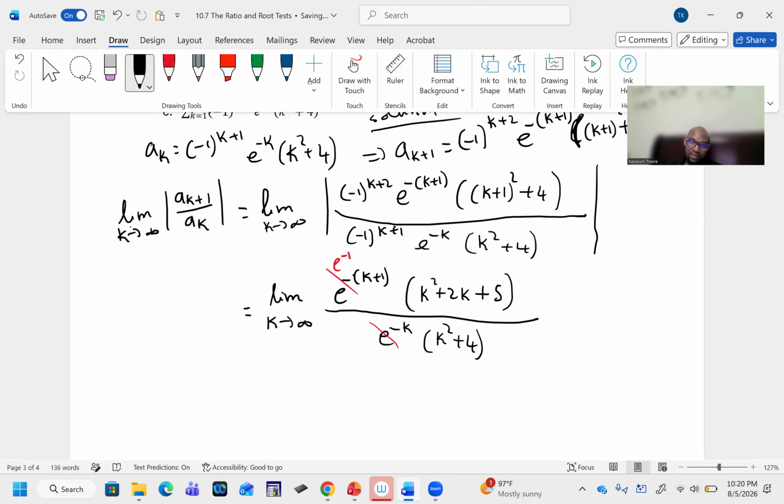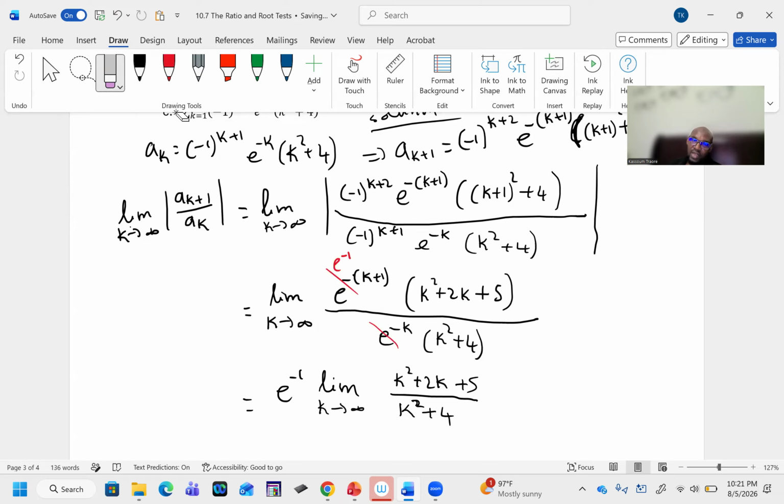So I will have e to the power of negative 1 times the limit of k squared plus 2k plus 5 divided by k squared plus 4 as k approaches infinity. Why did I put this before the limit?